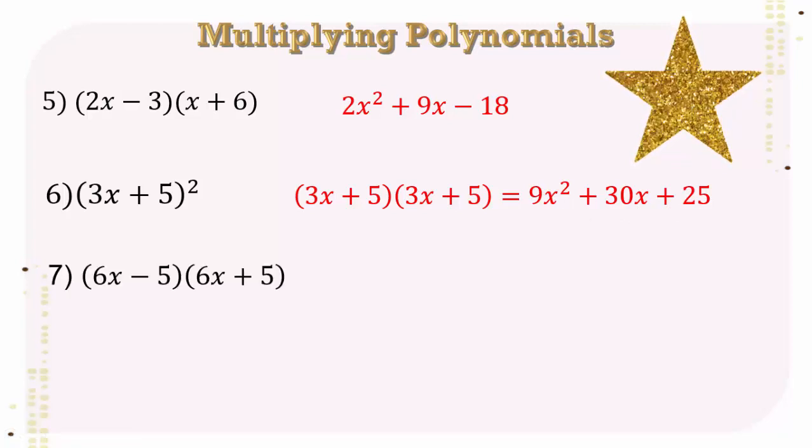In example number 7, we have this situation where we have 6x minus 5 times 6x plus 5. So let us work this out on the whiteboard and see what happens. In example number 7, we have 6x minus 5 and 6x plus 5.